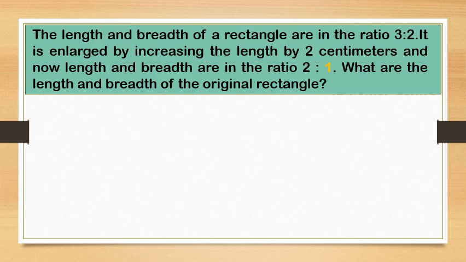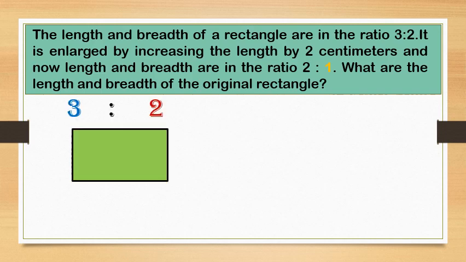In this question, original length and breadth are not given. Only the ratios have been given. Since the length and breadth of the original rectangle are in the ratio 3:2, we take the actual length and breadth as 3x and 2x.